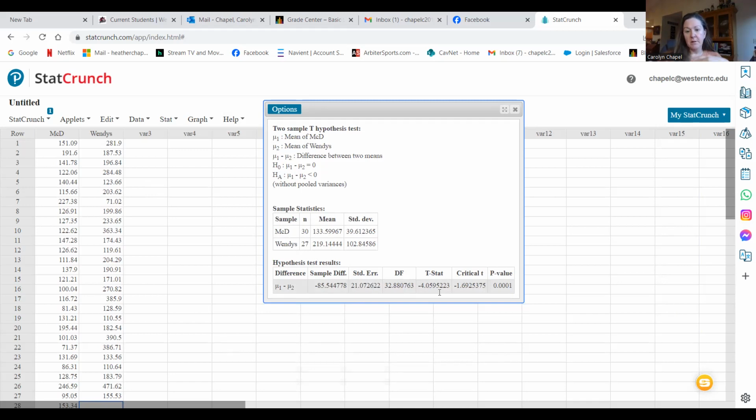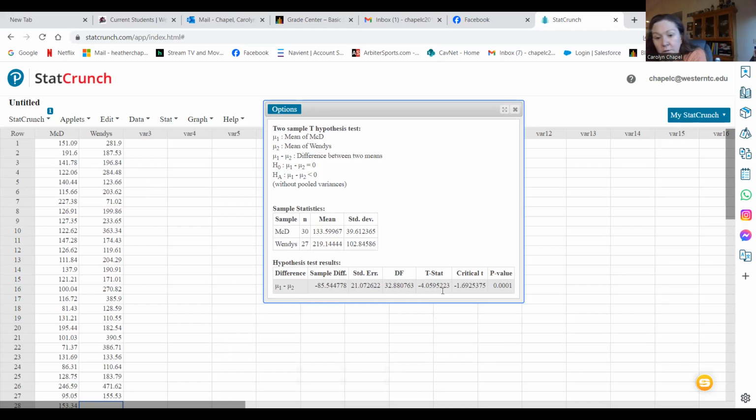This program does some computations between the two, but I'm going to pull our test statistic here. No matter what we did for the degrees of freedom, the test statistic would still be the same. So we get that negative 0.405.